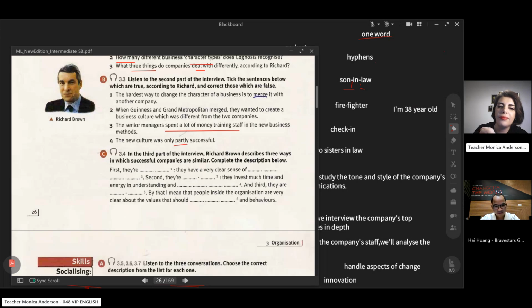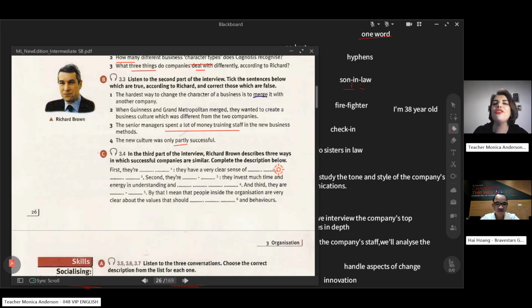Second, they're customer-driven. Okay, let's listen again. Having said that, we do find that particularly successful companies tend to be similar in 3 ways. First, they're future-oriented.